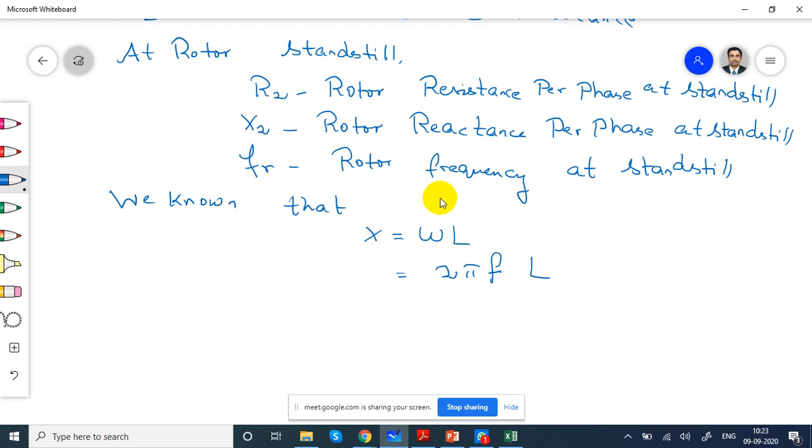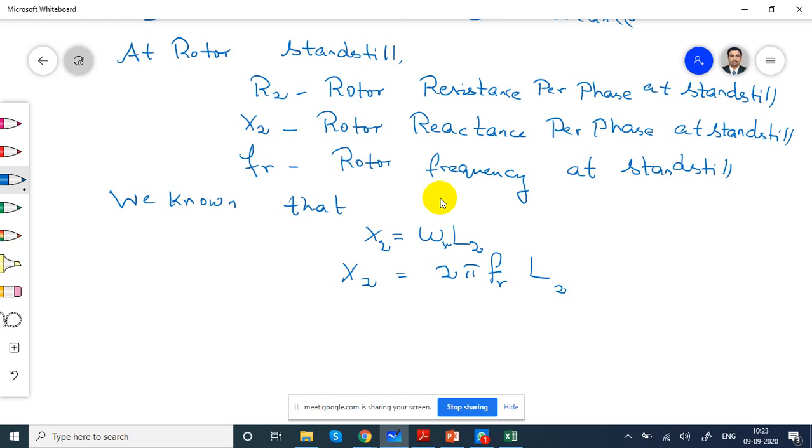Now we are talking about rotor reactance, so X2 equal to omega into L2, where omega equal to 2 pi fr. R stands for rotor, 2 stands for also rotor.